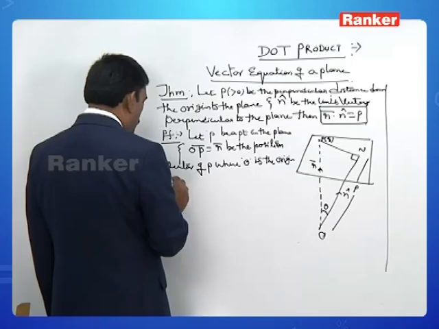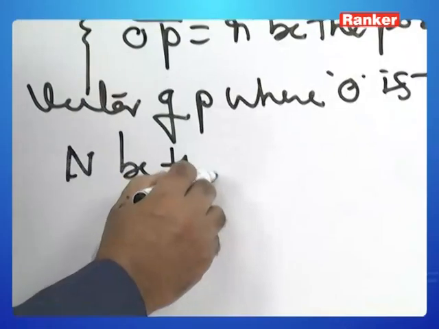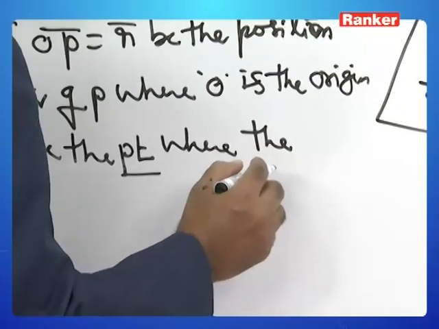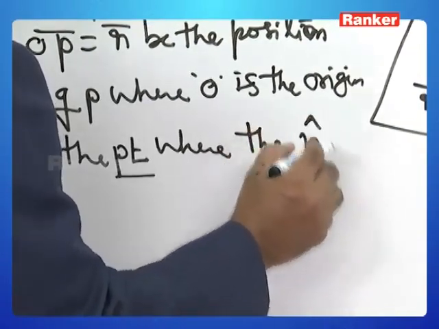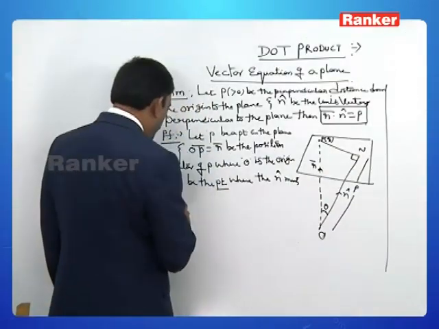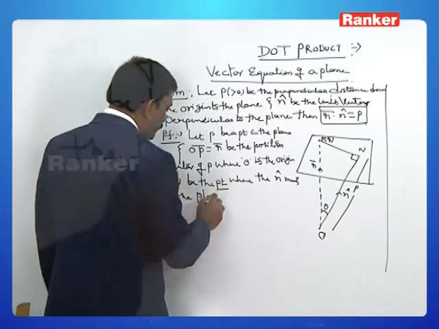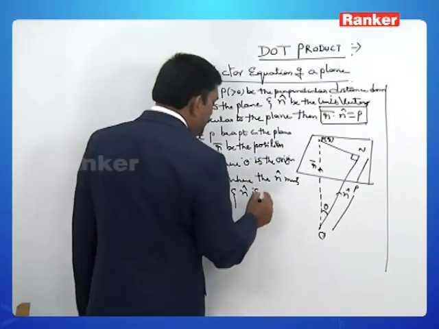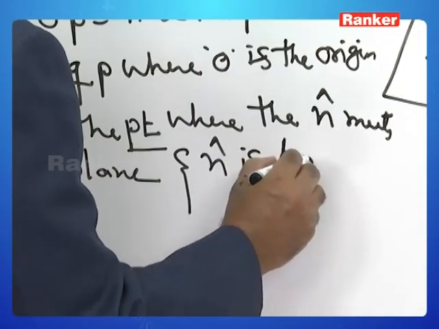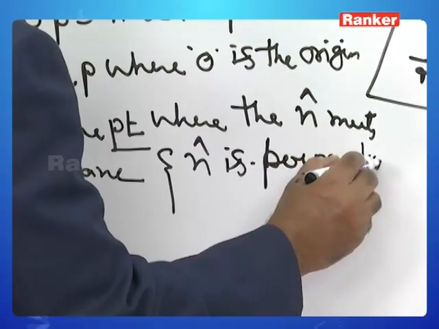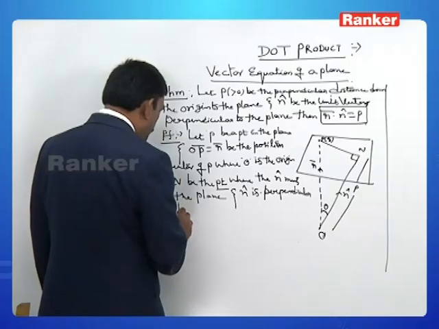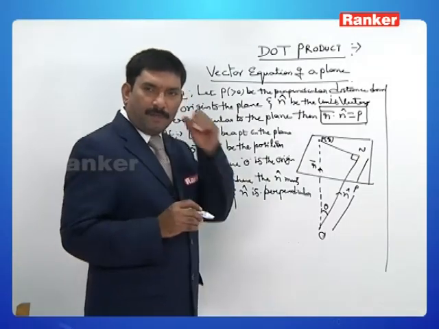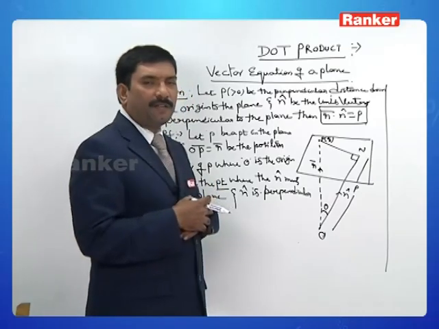And N be the point where the perpendicular, where n cap, meets the plane, and n cap is the unit vector perpendicular to the plane.